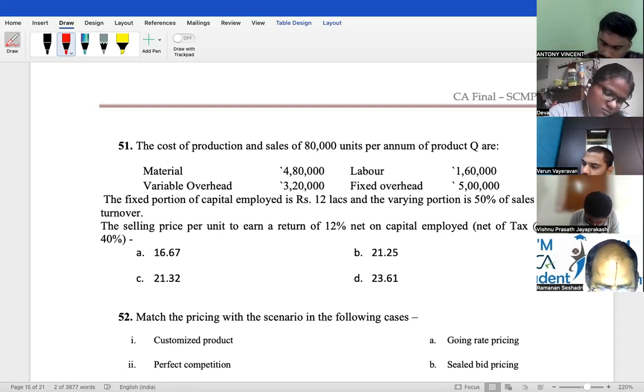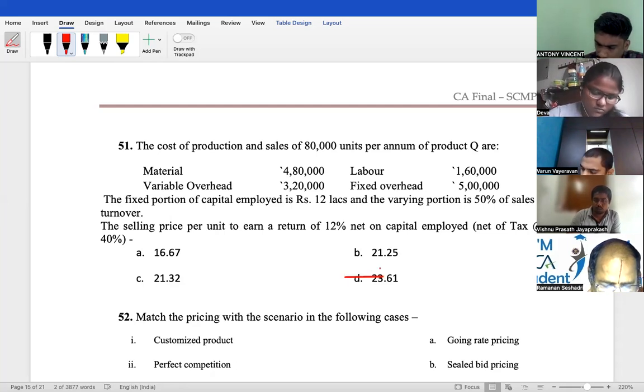X is equal to how much? 23.61. All of you got it? 23.61. Then D is the answer. Interesting or not?